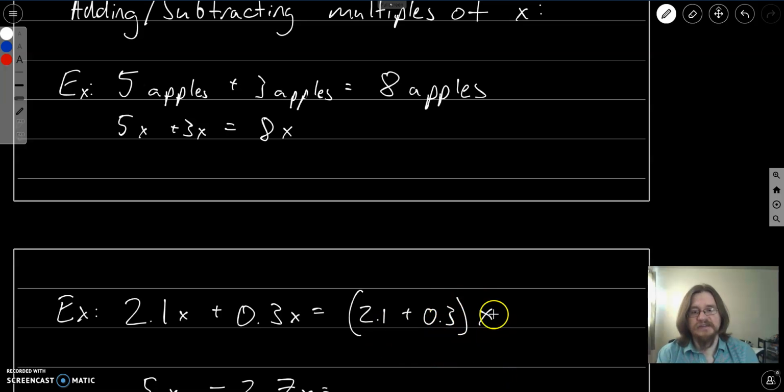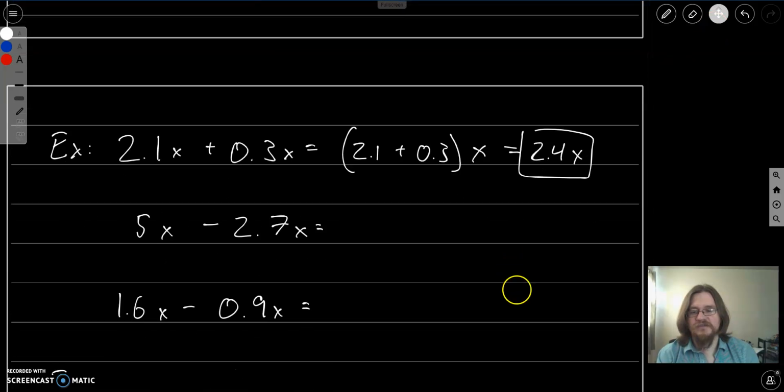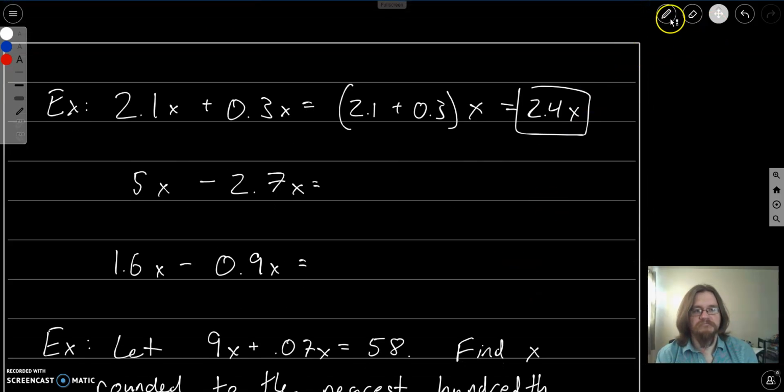So this is how many x's I have. It's just the 2.1 copies of the first one and the 0.3 copies of the second one. And if I add those together, and again, you could just use a calculator for this if you wanted to, I did this ahead of time. This is just going to be 2.4 x's. So again, when we're adding multiples of x's, we just add the numbers out front to get exactly what we want. So let's do a couple more.